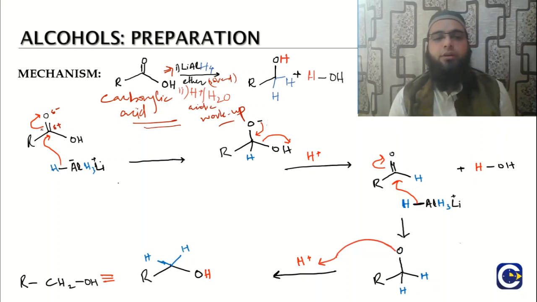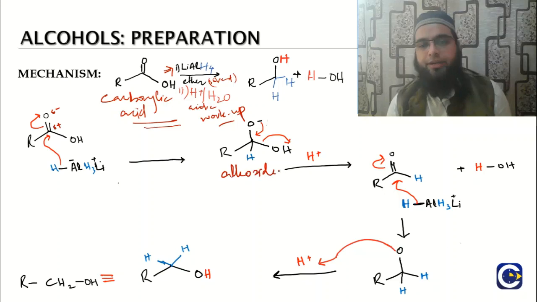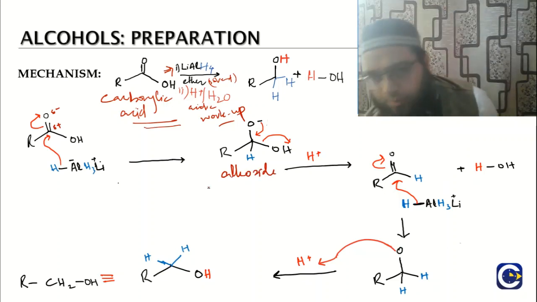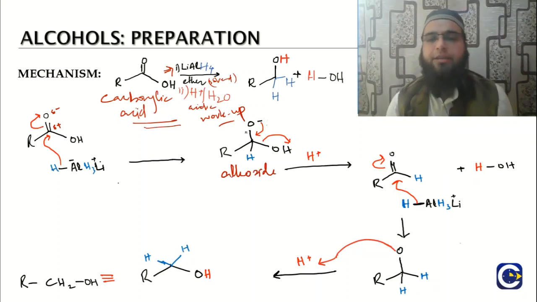The electron pair shifts towards the oxygen, and in this step we get the alkoxide intermediate.